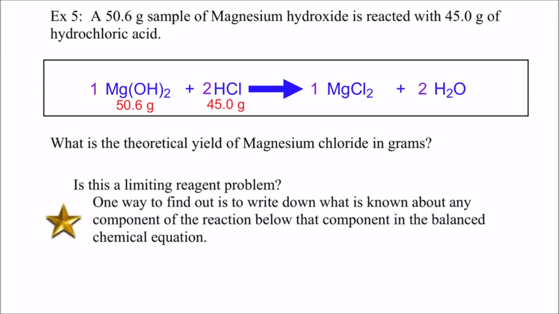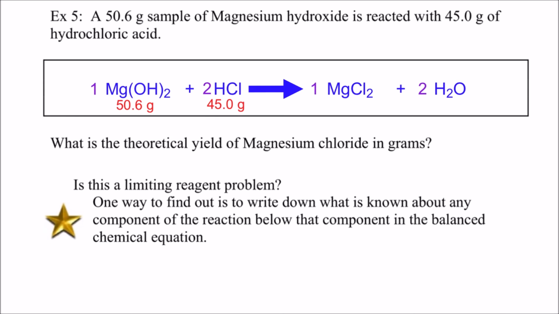In order to find out the limiting reagent, I could pick either product I want. I might be tempted to pick water because it's easier to calculate the molar mass of water than of magnesium chloride, because I happen to have hydrogen and oxygen's molar mass memorized already.